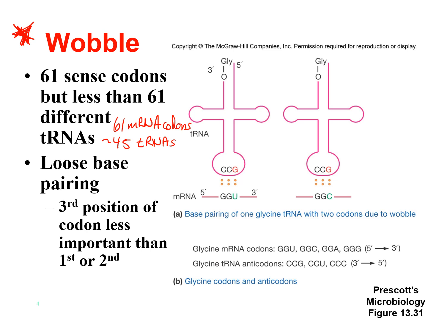So here, over on the right, we've got a transfer RNA, and on the transfer RNA we have the anticodon. So we've got CCG, and then down here on the bottom, this is our messenger RNA codon.